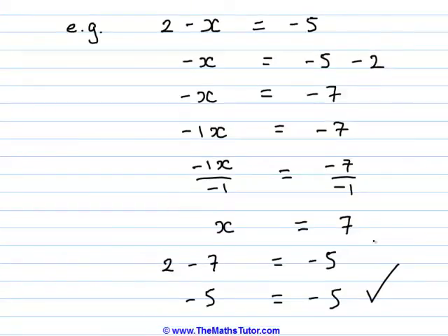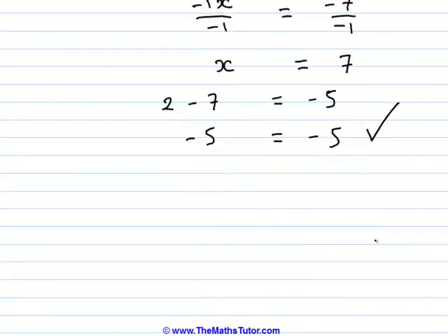Let's look at another example. 1 minus 2x equals 3x plus 11. In this case we have x terms on both sides of the equal to sign, and we have constants on both sides.